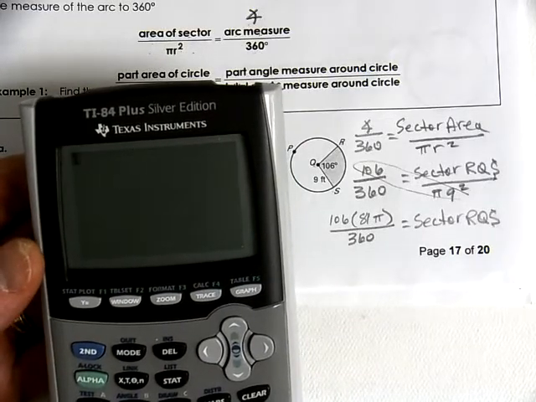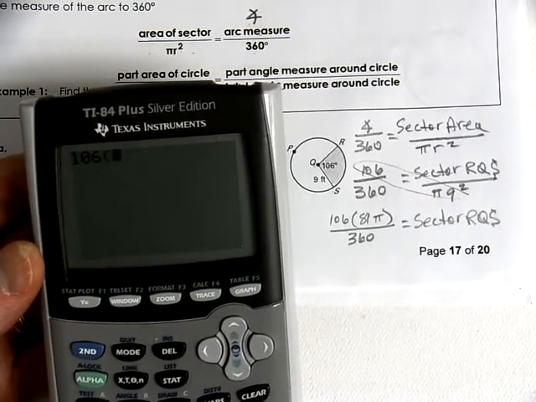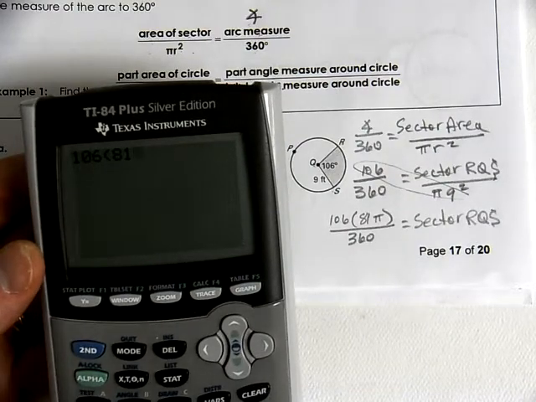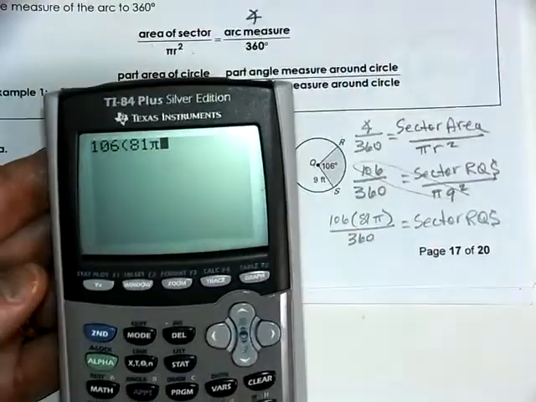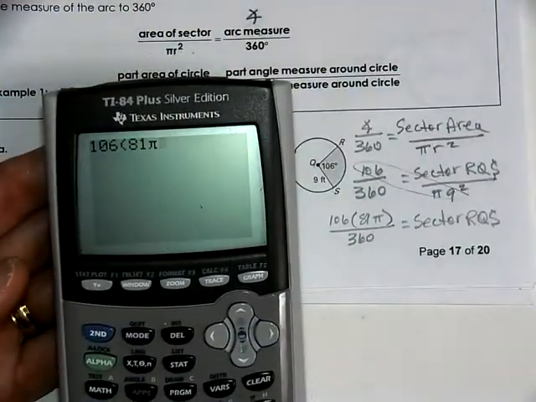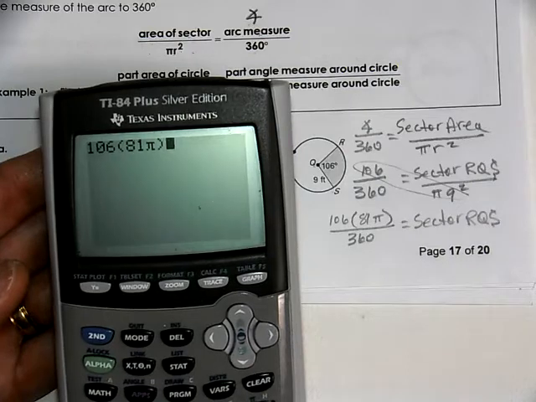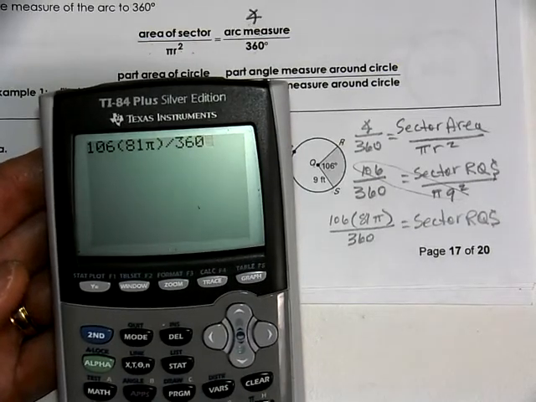So we're going to take 106 times 9 squared, which is 81, times our pi. And we're dividing that by 360.